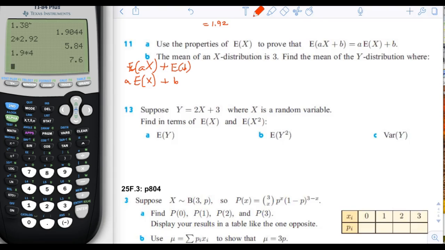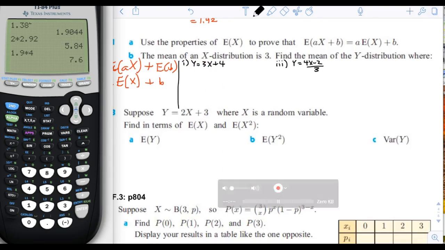Okay. B. So I did neglect to put the specific Y distribution descriptions here, so I put them in. So we're going to do 1 and 3. And for 1, the description is y equals 3x plus 4.